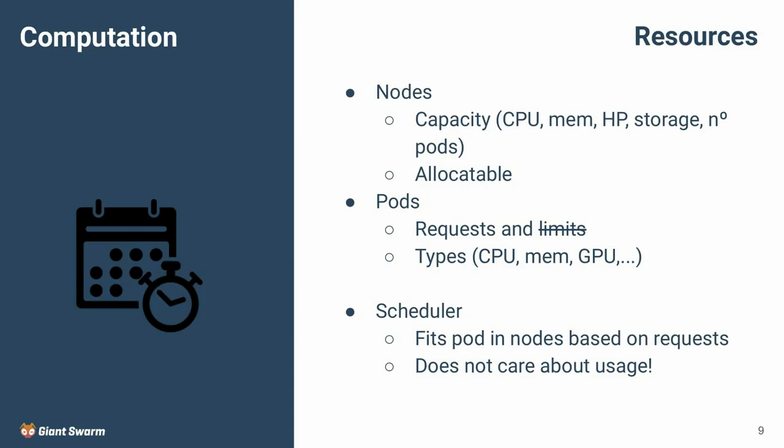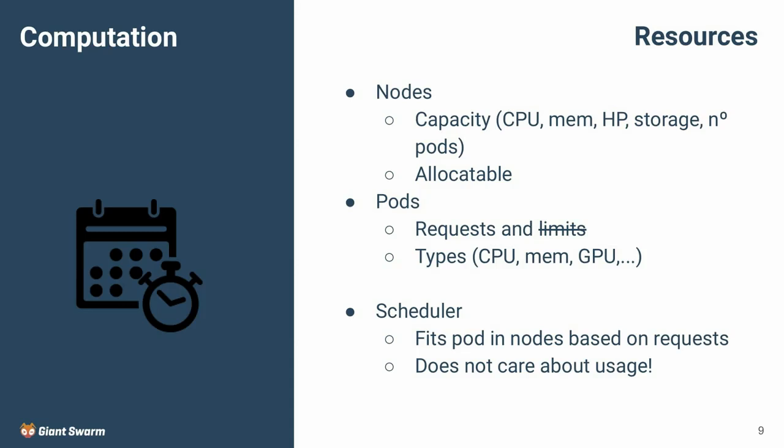And to understand how this can be managed from the Kubernetes point of view, we need to understand how the resources are allocated or placed in Kubernetes. What we have in Kubernetes is the concept of node, and this node has different resources attached depending on where it's running, right? And this is something that you choose.